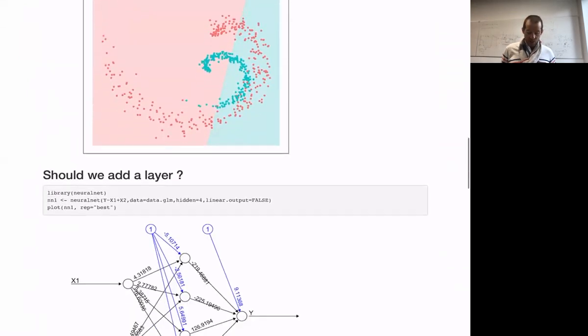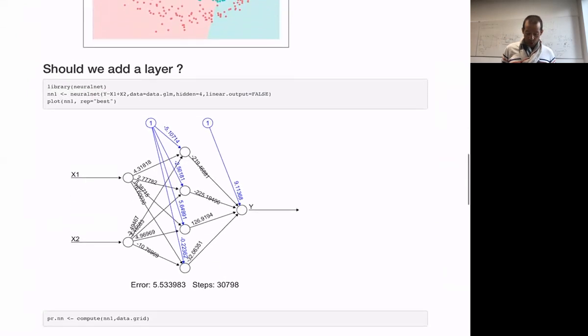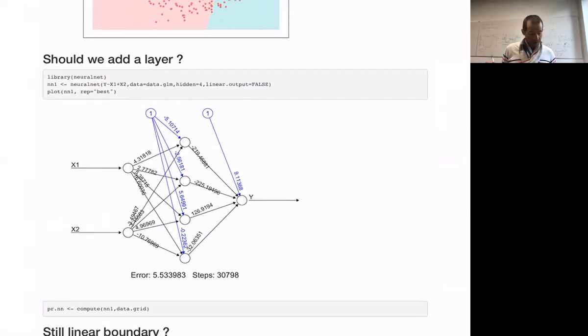And now I just add one layer. For people who know R, I just use the library neuralnet, and you can see that in just one line of code, I put my two features, X1 and X2, my data.